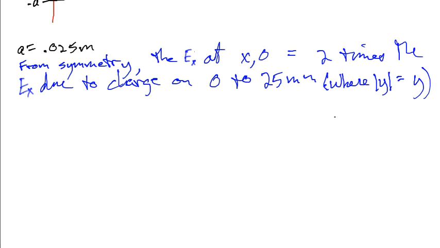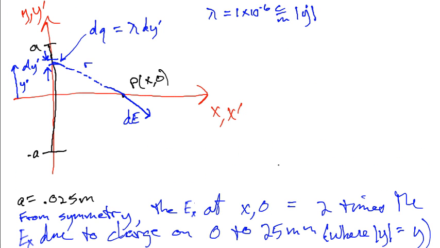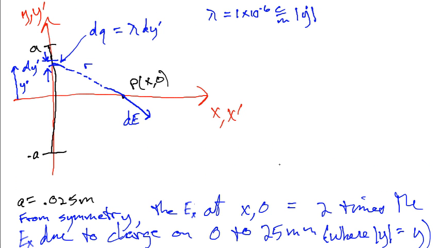So dE is equal to k dq over r squared. Let's see what r is. R is equal to the square root of x squared, where point P is, plus y prime squared.